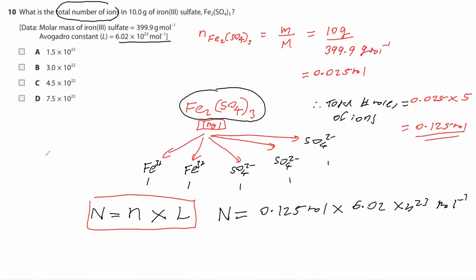When you have a per mole unit, the unit will cancel out, because when you count something, you don't put a unit. When you are counting chairs, you simply count 1, 2, 3, 4. You never say 1 mole or anything. So the number of ions we have here is 7.5 times 10 to the power 22. So we have that answer here as D.